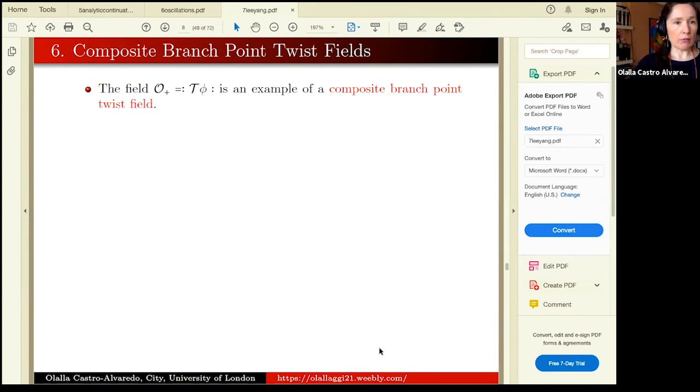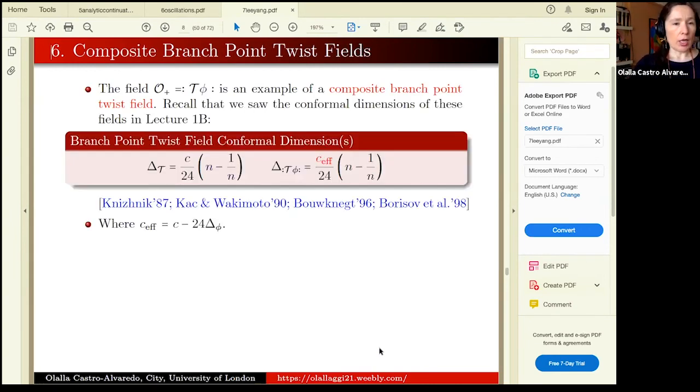So let me show you that. Remember this formula: delta t was the conformal dimension of the standard twist field. I told you some time ago that there are other types of twist field that have a different dimension, whose dimension is actually determined by something called the effective central charge instead of the central charge.